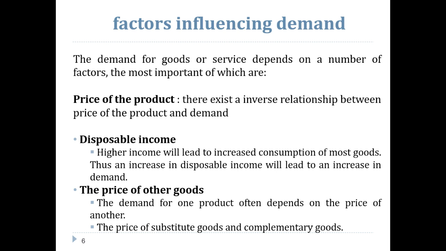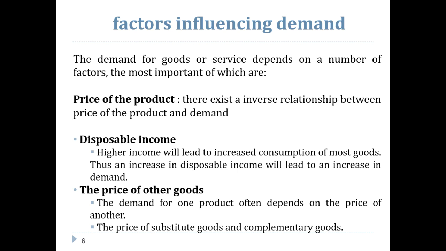Disposable income is an important factor which influences demand. When disposable income is more, we will purchase more, or demand more, right? But when disposable income is less, we will demand less, right?